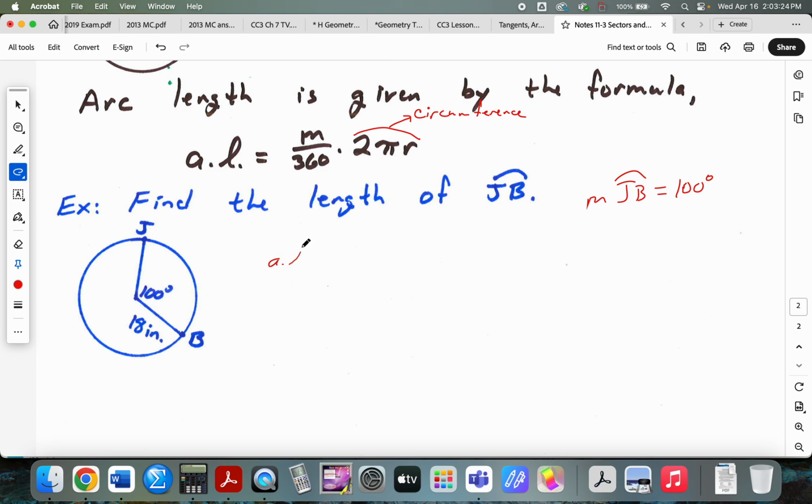So the arc length is going to be m over 360 times 2 times pi times the radius. So it's 100 over 360 times 2 times pi times 18.